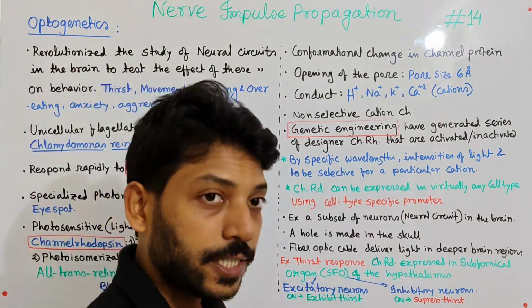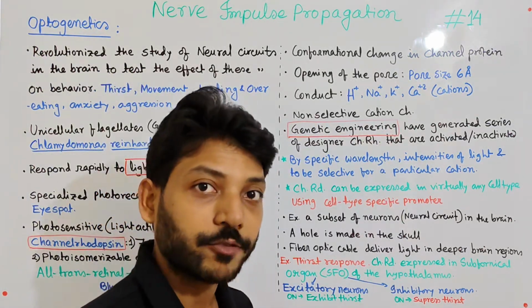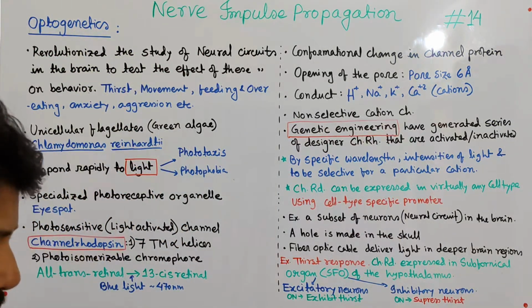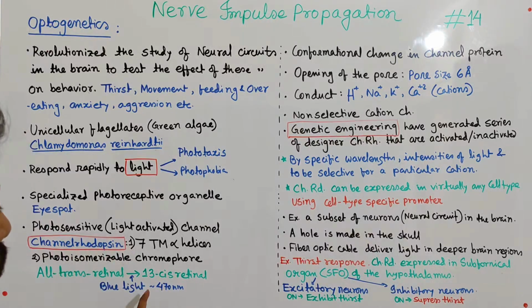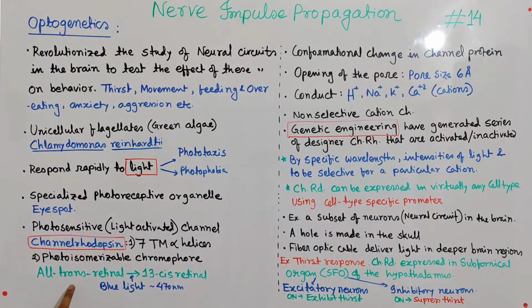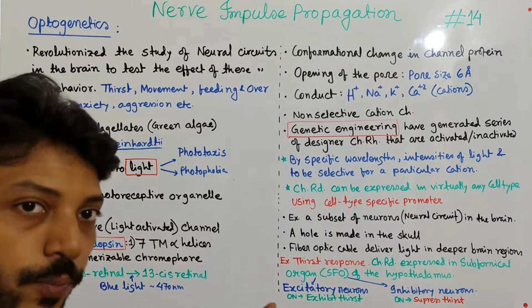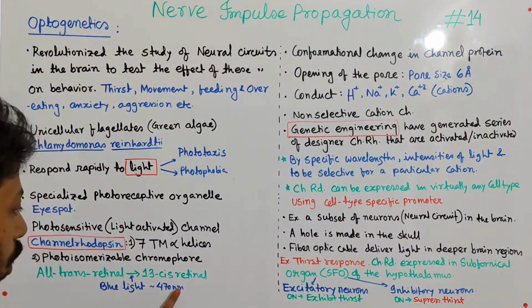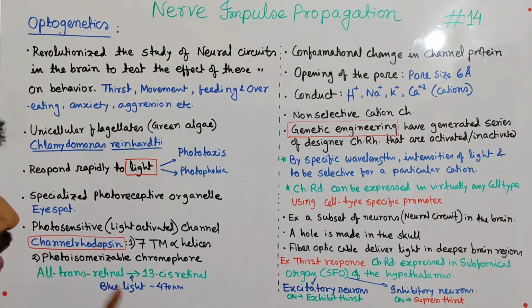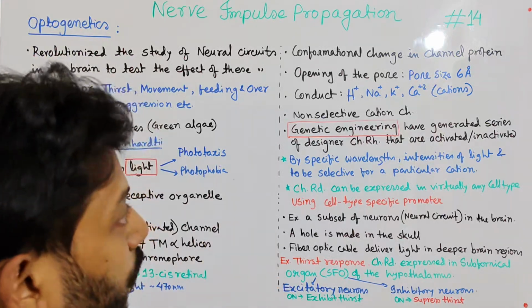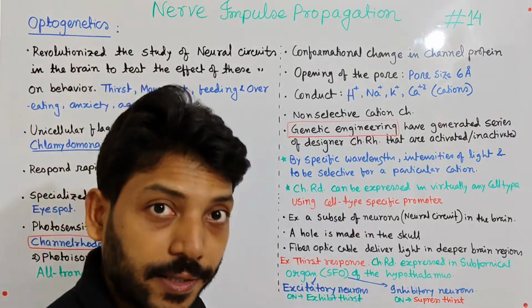This chemical is called all-trans-retinal when there is no light, but when it absorbs blue light, specifically at 470 nanometer, it converts into 13-cis retinal. So a conversion occurs of this chromophore. Because this chromophore is attached to the 7 transmembrane alpha helices, the body of the protein, it causes a conformational change in the protein, and that conformational change helps in the opening of the channel.